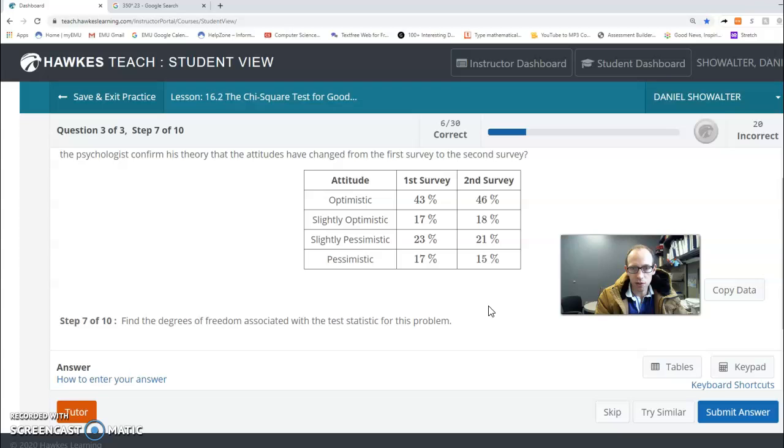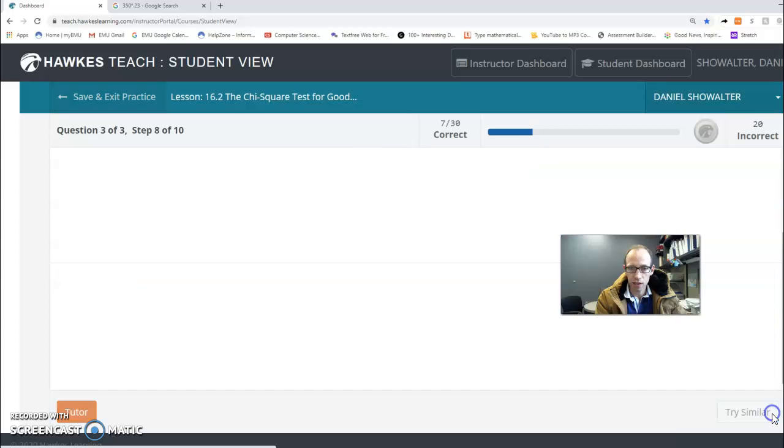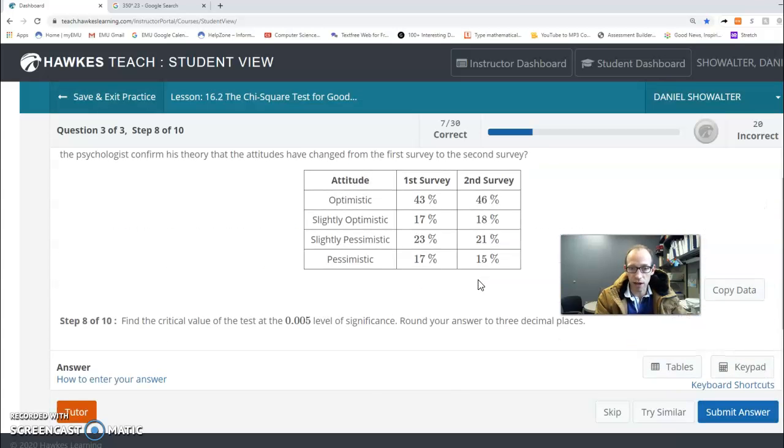And then the degrees of freedom. This is a chi-squared goodness of fit, so we really only have 4 values that we're looking at, 4 in the expected, 4 in the observed. And so the degrees of freedom is just going to be 1 less than that, which would be 3. Okay, and now we need the critical value at 0.005.